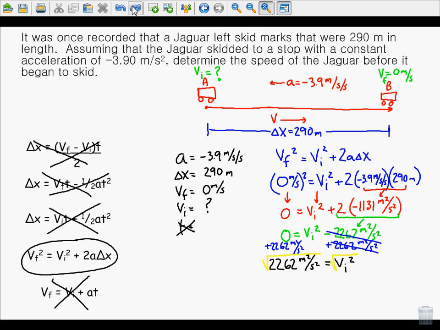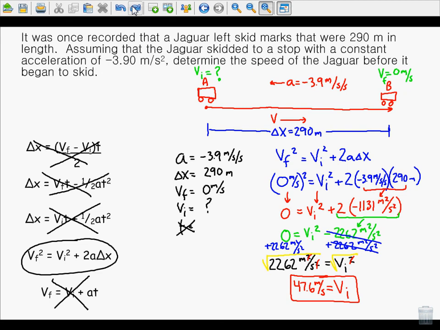So, using my calculator, the initial velocity is going to be the square root of 2,262, and notice that our squared all disappear because the square root is an opposite of a square. So the square root of 2,262 comes out to be 47.6 meters per second. And that is my initial velocity.